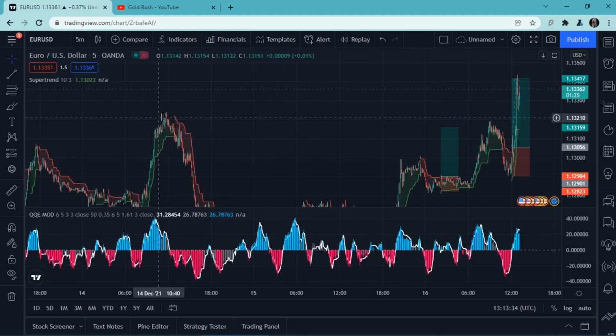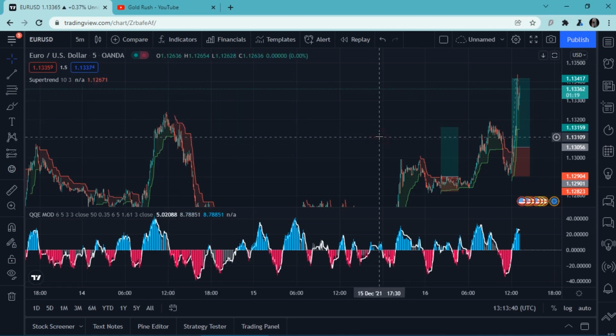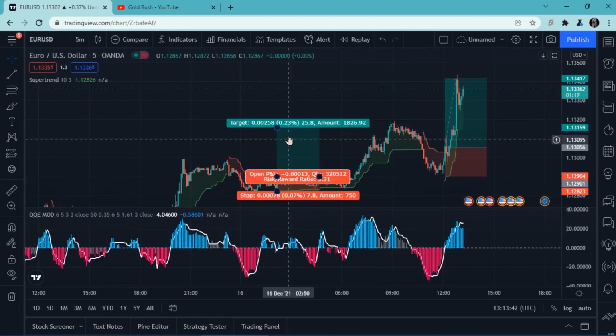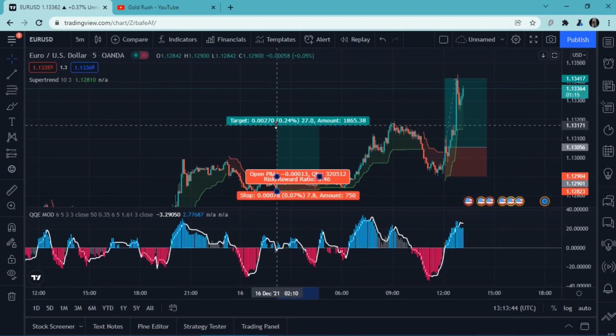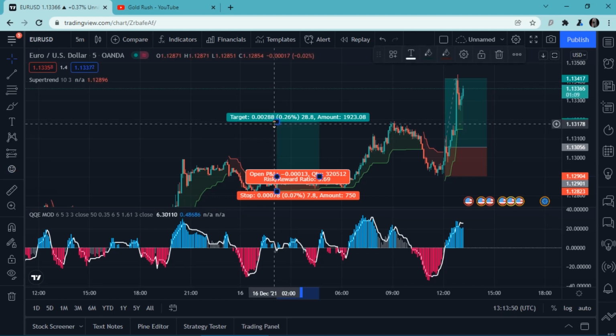This is the higher high here. So once it hits within the zone, you're out in profit. And it hits, and that's approximately 30 pips. 30 pips in profits from that particular trade.